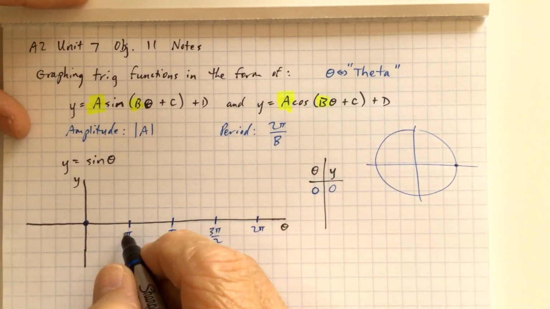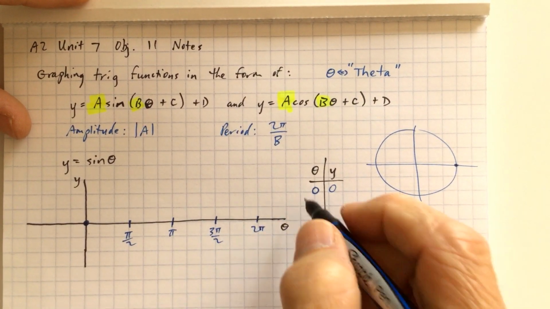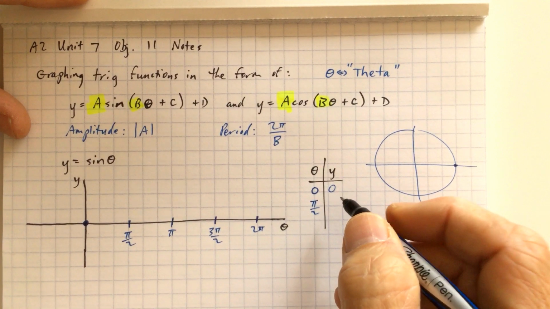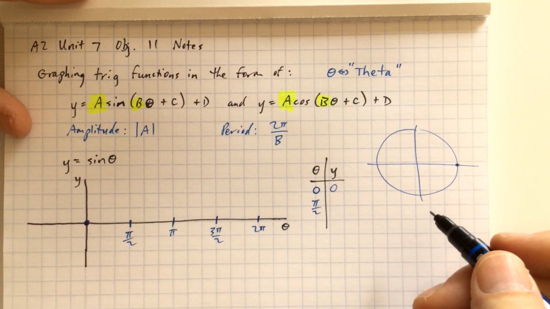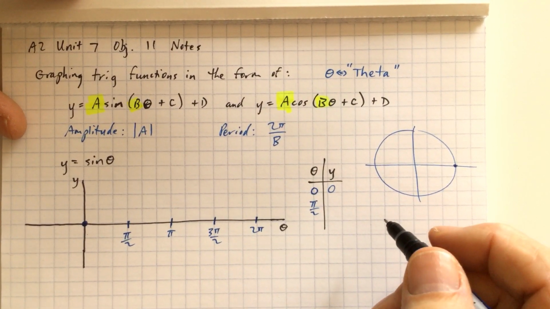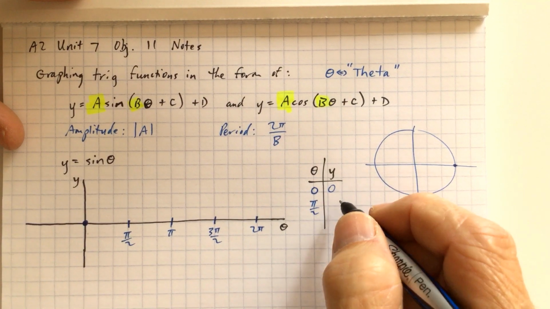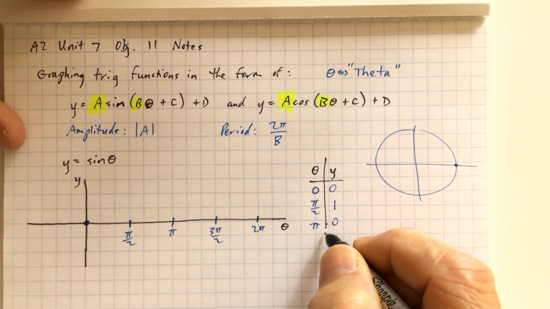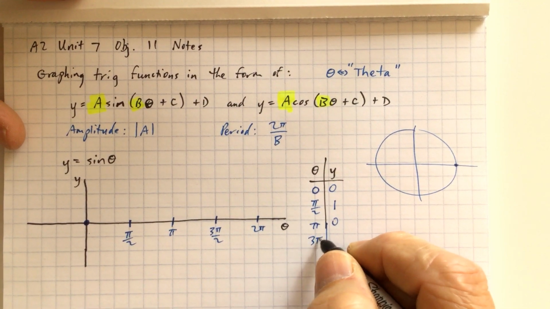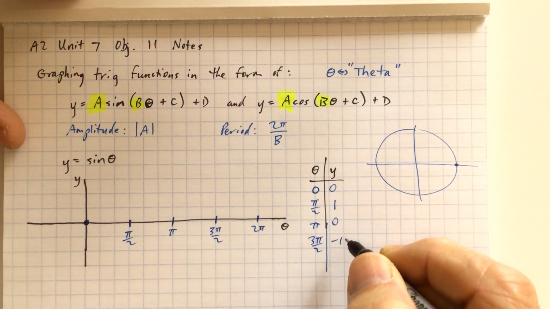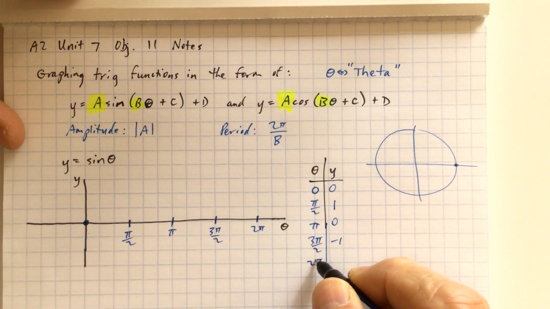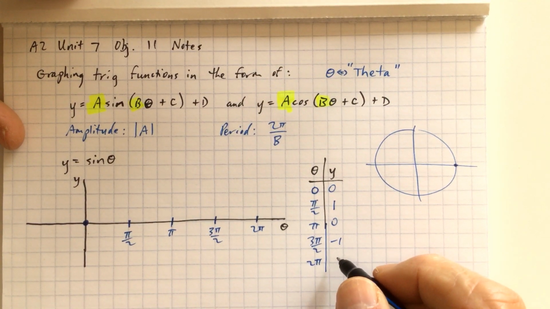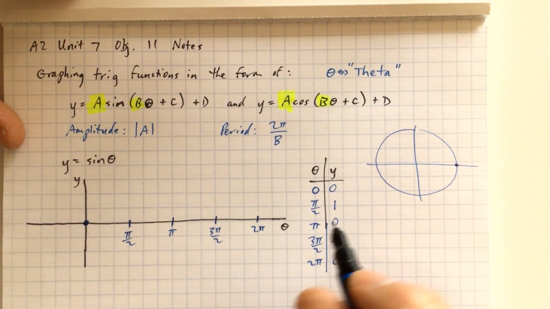When we hit the key points here, we plug in pi over 2 for theta. What's the sine of pi over 2? It's good practice, because you've been learning your unit circle. Sine of pi over 2 is 1. The sine of pi is 0. The sine of 3 pi over 2 is negative 1. And then we're back to where we started: the sine of 2 pi is also 0.